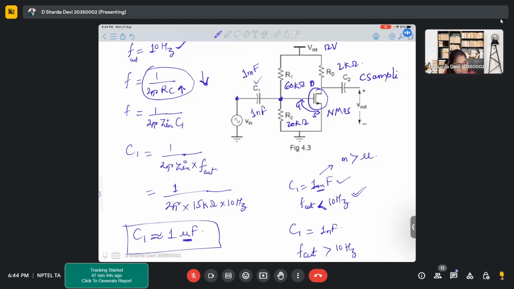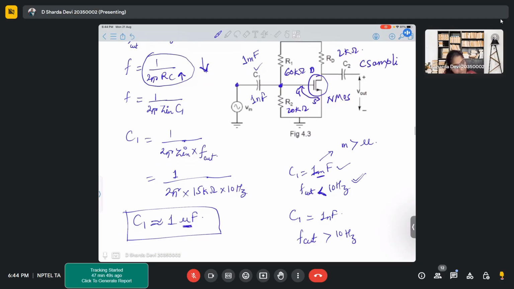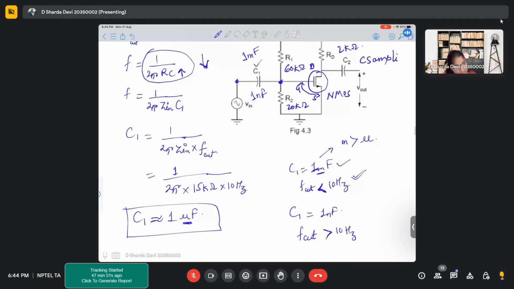So if your cutoff frequency is less than 10 hertz, then what will happen? If your cutoff frequency is greater than 10 hertz, then what will happen? If it is greater than 10, nothing will happen.